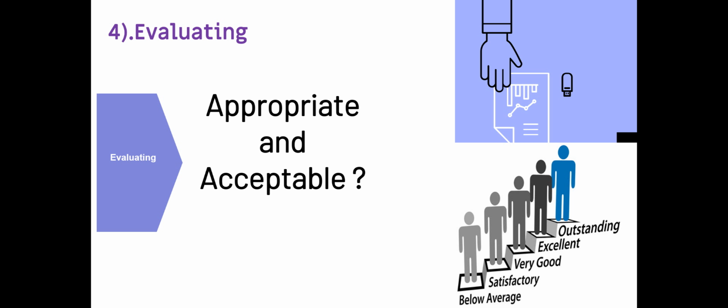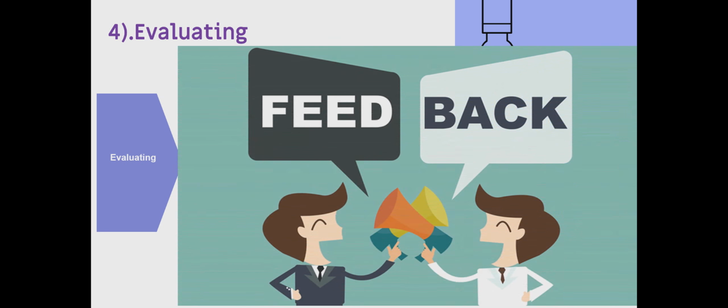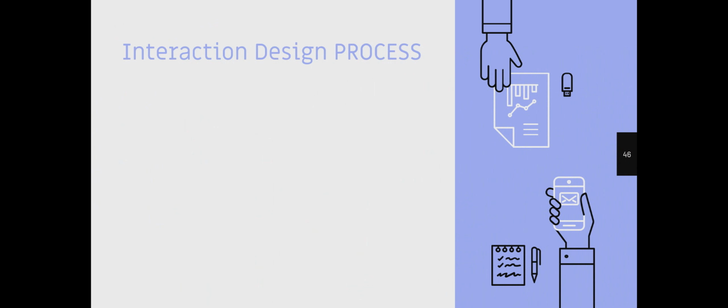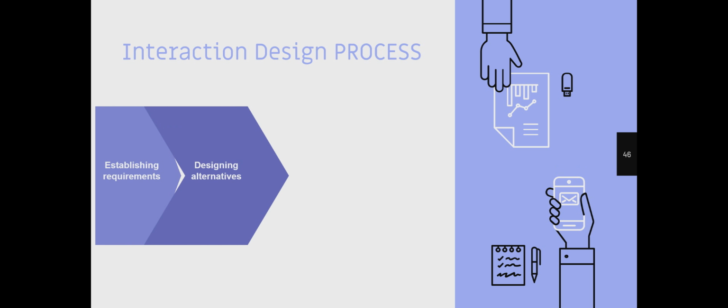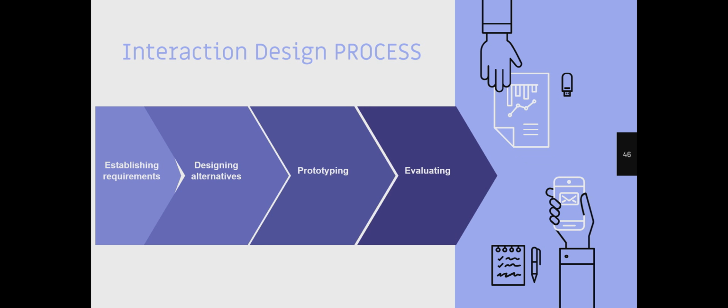So this is the main question of evaluation: appropriate and acceptable or not. So these are all the processes of interaction design, which begin from establishing requirements, designing alternatives, prototyping, and evaluating.